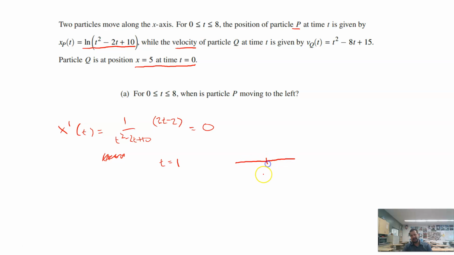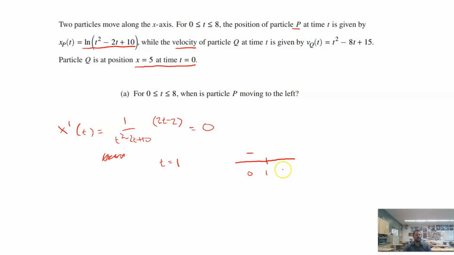Once I know that, I put that on a number line, and I put in numbers that are bigger and smaller than 1 into my equation here. So let's say I put 0 in here. 0 is going to make the top of my derivative be a negative number, and the bottom be a positive number. A negative divided by a positive is a negative, so that means it's moving to the left from 0 to 1.